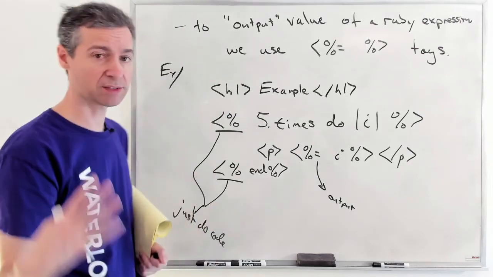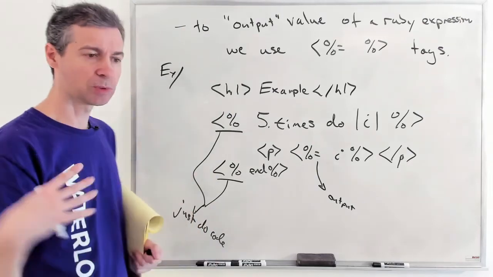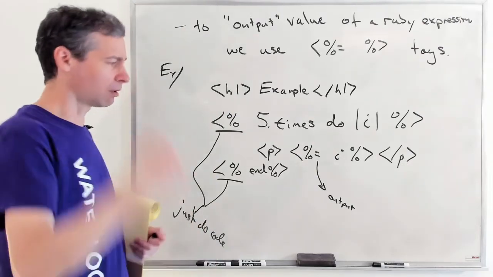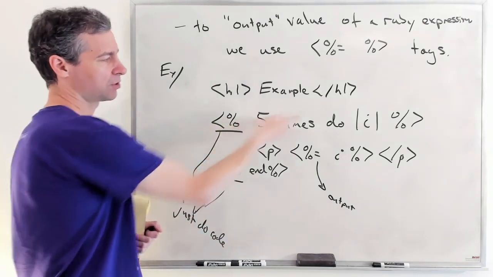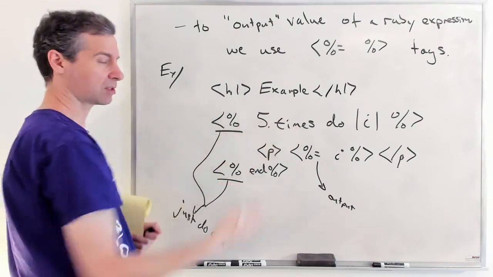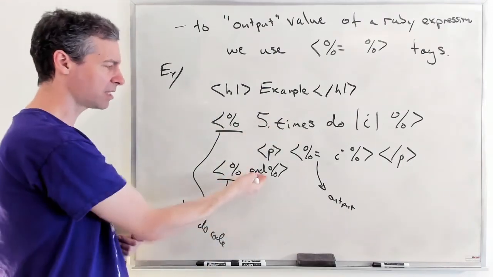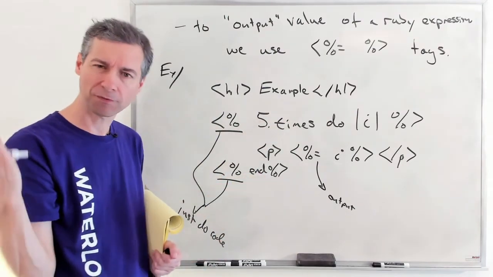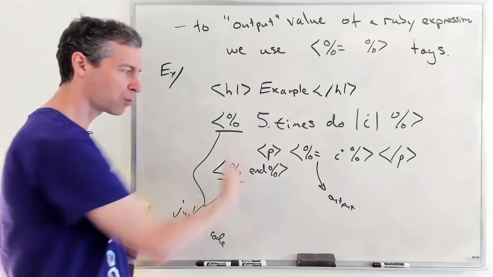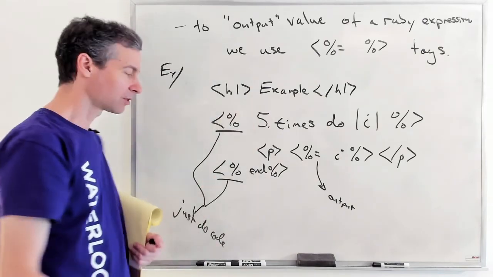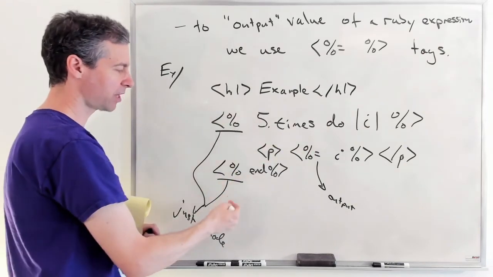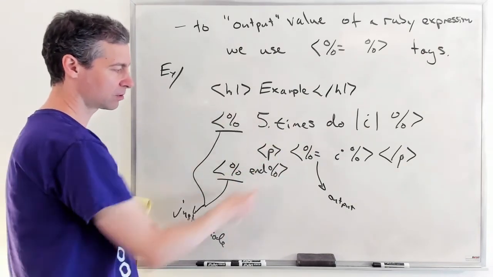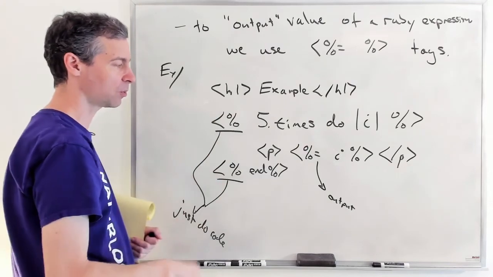If you mess this up, you will get errors and you'll go, why is it not working? It's because you're trying to produce values for these things that shouldn't be producing values, like an end statement. An end statement doesn't have a value that you want output into the output. So don't just willy-nilly be putting in your tags. You always have to use the right tag for the type of thing that you want.